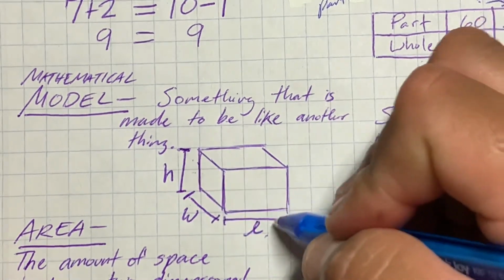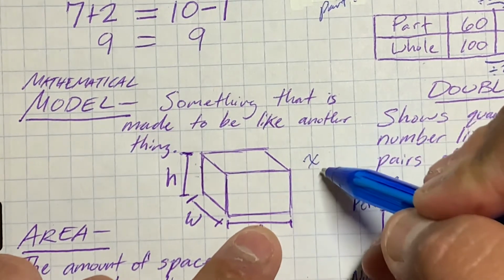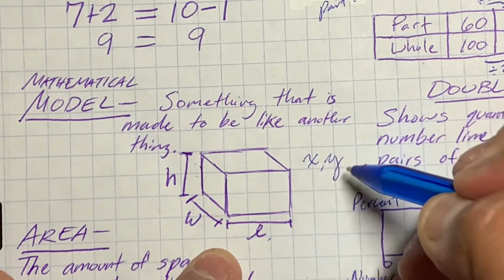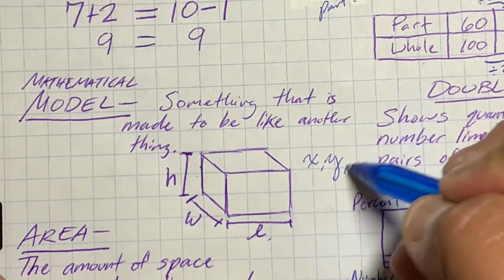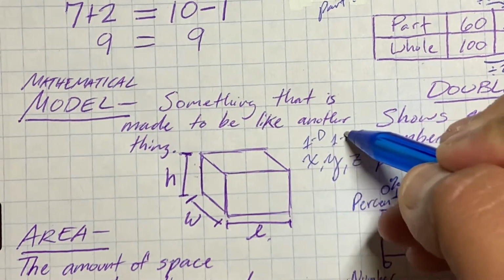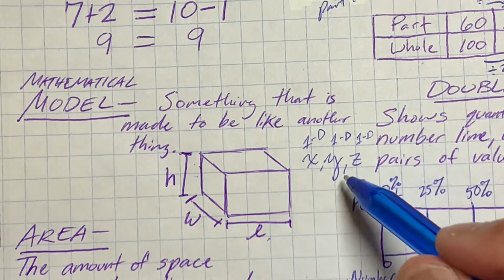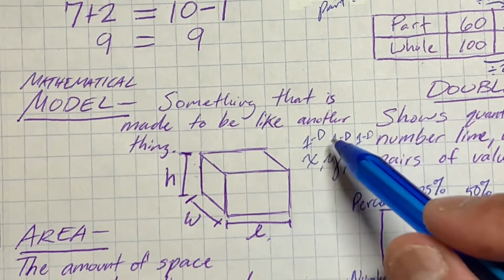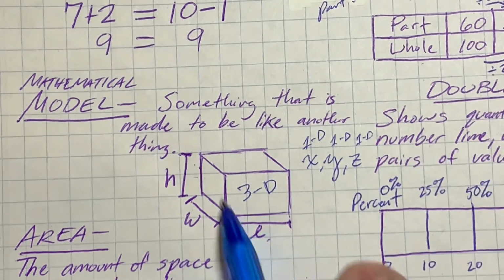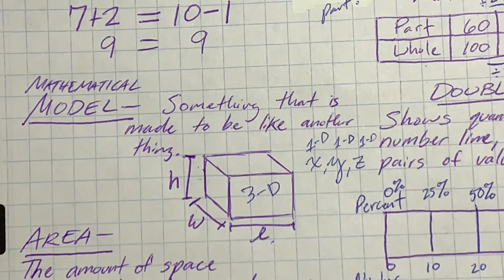Your length is your x-axis, your height is your y-axis, and your width, the depth, is your z-axis. Each is one-dimensional, and 1 plus 1 plus 1 equals 3 dimensions. So this is a three-dimensional object, a three-dimensional cube.